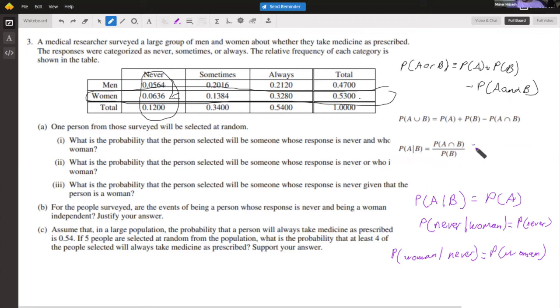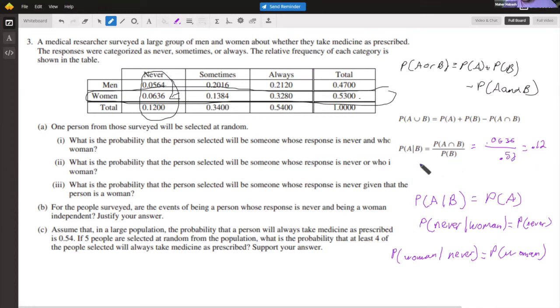Exactly. So we did the probability of never and woman, 0.0636, over the probability that they are a woman, 0.53. And that equals 0.12.